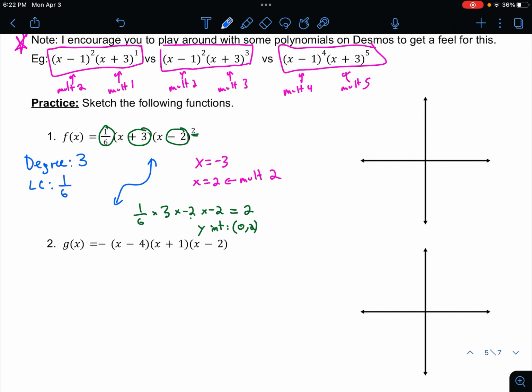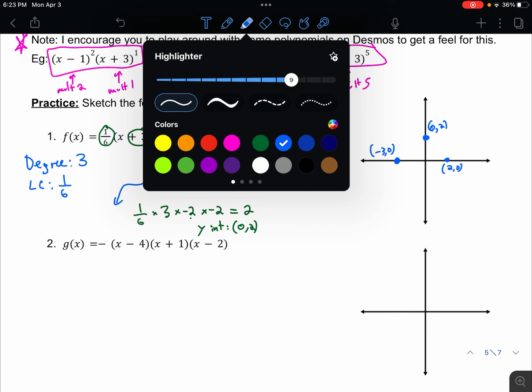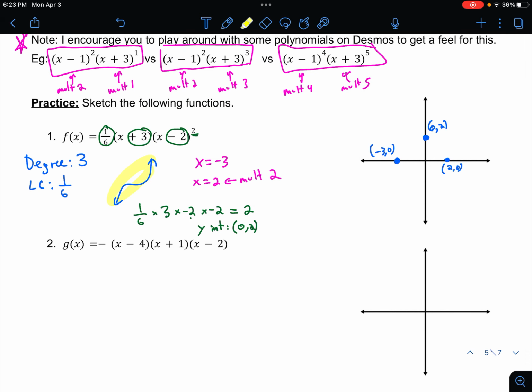Now I want to plot these different points, so I can plot x equals -3. I'll just mark -3, 0. x equals 2, (2, 0). And my y-intercept, (0, 2). So now my goal is to build a polynomial that meets my criteria. So it has to look something like this.